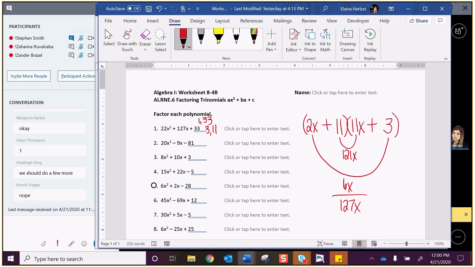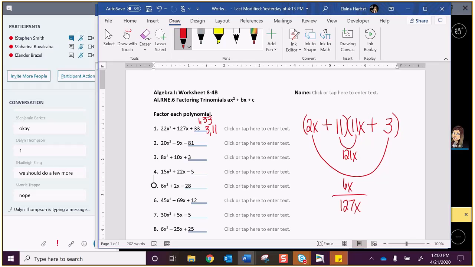Stay organized. On these ones that have a lot of factors, start with one factor and try every combination of the other number in both spots. Then, when you've exhausted all the possibilities with the first factor, switch.